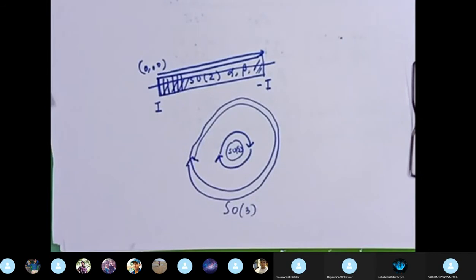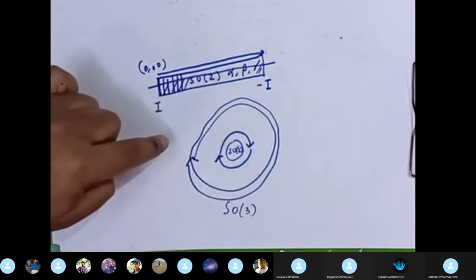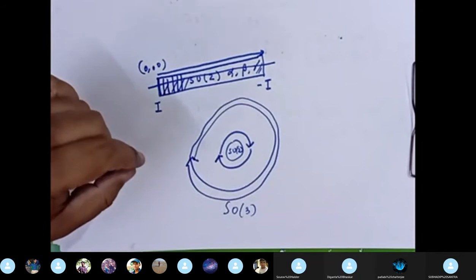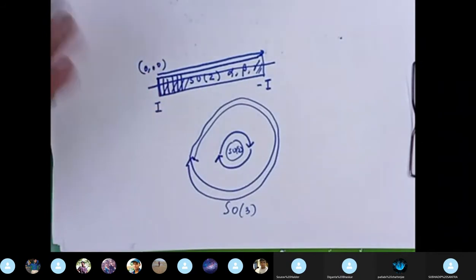Is this idea clear? If you move alpha, beta, gamma from 0 to pi, half of the elements of the SU2 group will be generated, moving from identity to minus identity. Then the SO3 group will be fully generated, because it is 2 alpha, 2 beta, 2 gamma sitting in the parameterization.